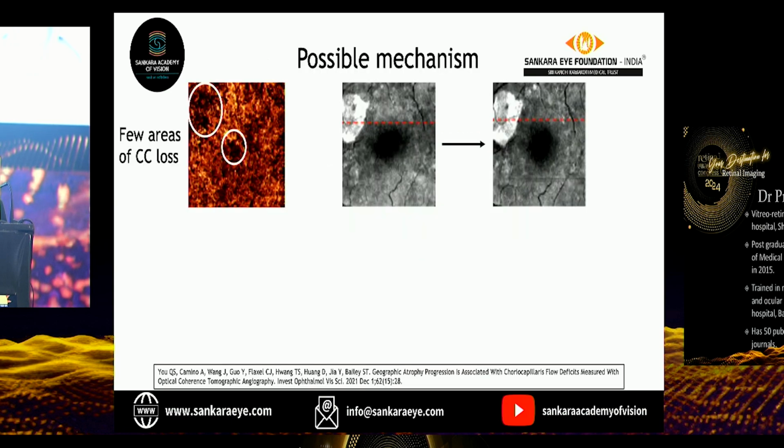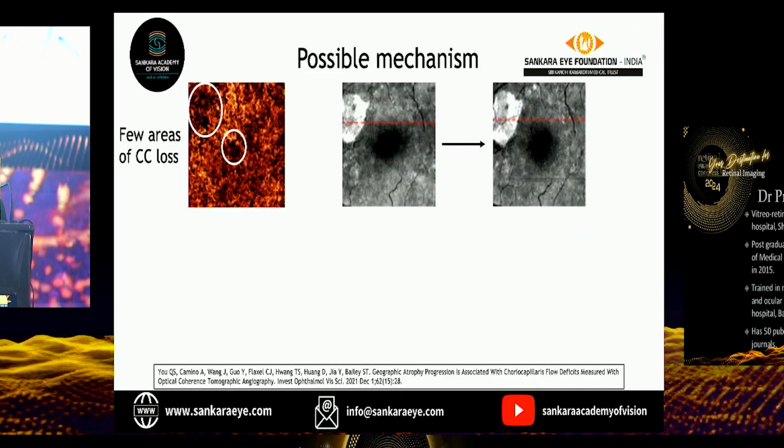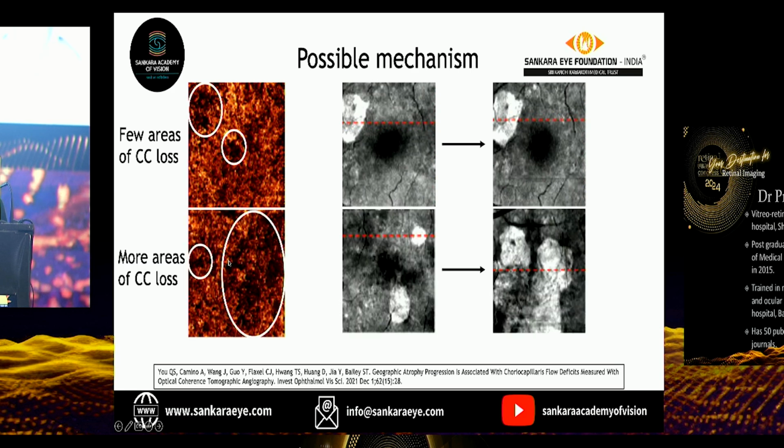A possible mechanism would be that OCTA studies have shown that eyes with few areas of choriocapillary loss at baseline tend to have a slow progression of geographic atrophy, and eyes with more areas of choriocapillary loss show a rapid progression of geographic atrophy. So, it may imply that a low choriocapillary density means a lack of nutrition to the overlying RPE and outer retina, and thus faster GA progression.